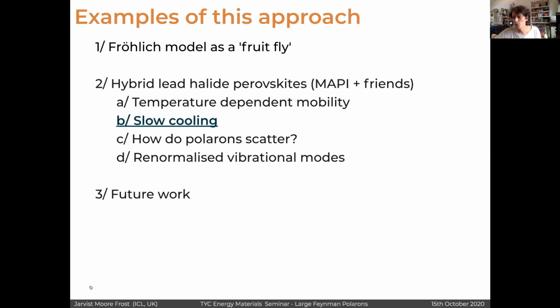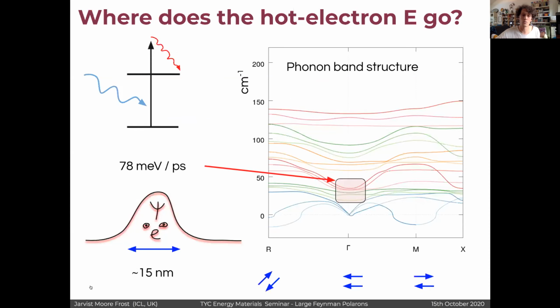But what else can we do with this model now that we have it? One thing that turned up in the literature was trying to understand why the semiconductor appears to have very slow cooling of its photoexcited states when you excite above the band gap. And as a result of the work that we'd done, we suddenly had basically all the pieces we needed to put together.